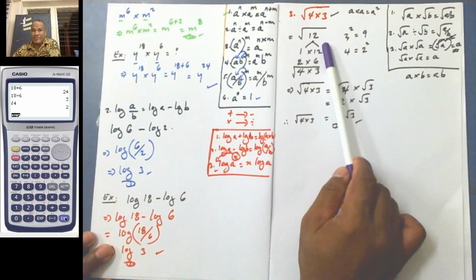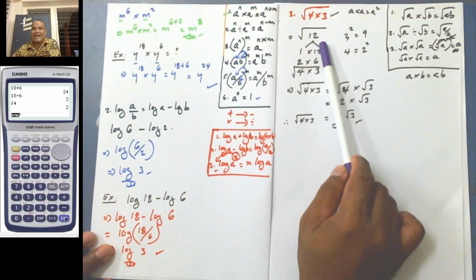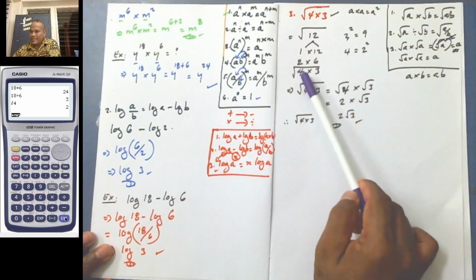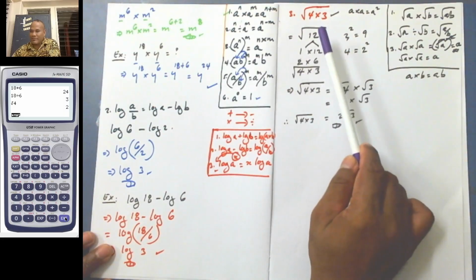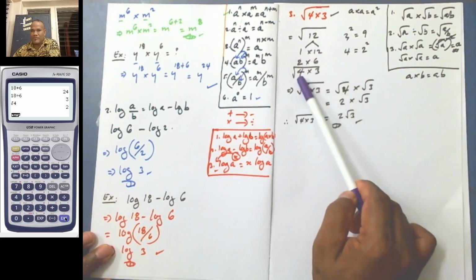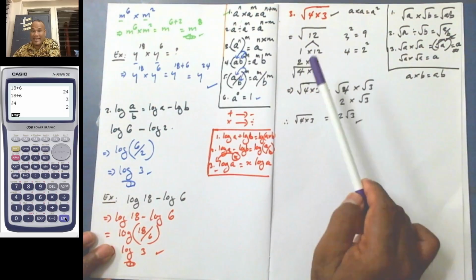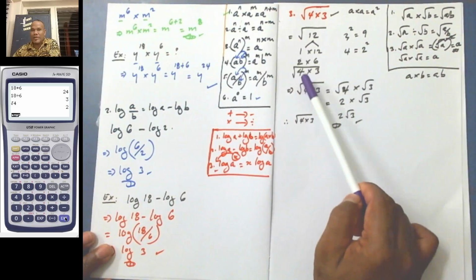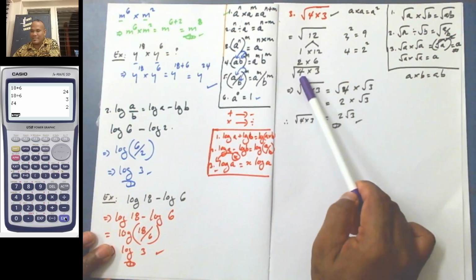So if I were you, I would choose a number that is a square number. In this case, the square number to give me 12 is 4. So 4 times 3 gives me 12, and I know that the square root of 4 is 2.